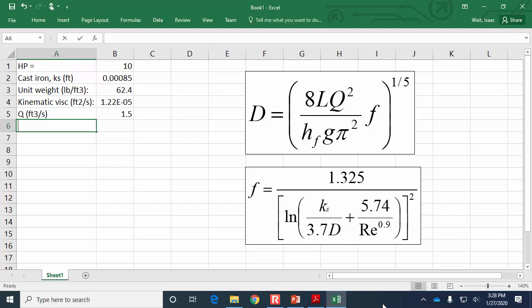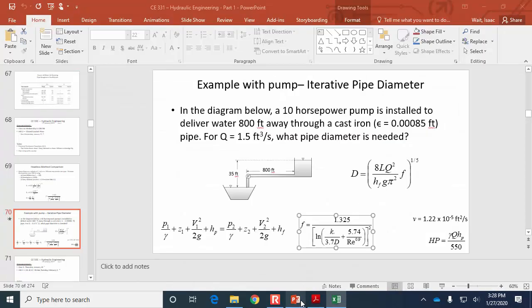And the H sub P, this is the pump head in terms of feet. Let's do the pump equation with this. We'll rearrange to solve for H sub P with the horsepower that's known. So we rearrange that equation for the horsepower.